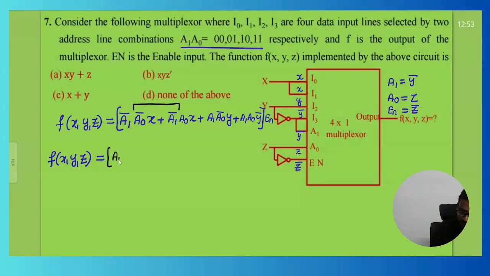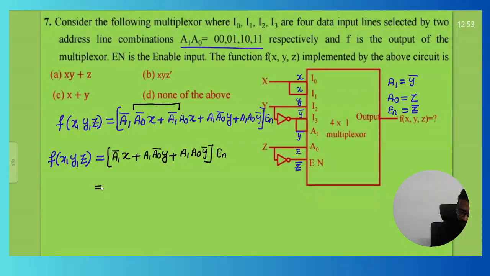This is nothing but A1 bar into X, and shall we combine any of this? Is there any use of it? I think there is no use of it. So fine, we can write as it is: A1 A0 bar into Y plus A1 A0 into Y bar, into enable. So this is into enable.